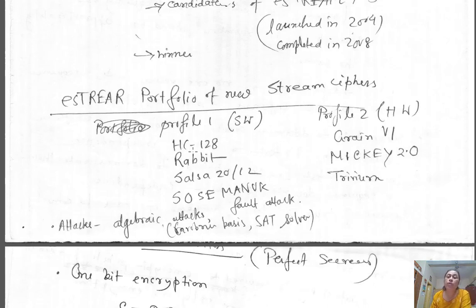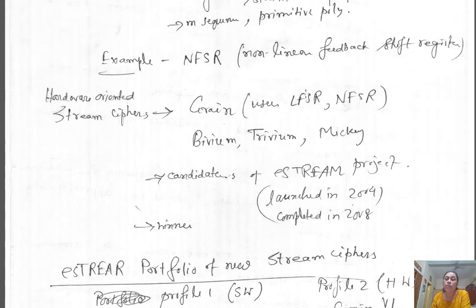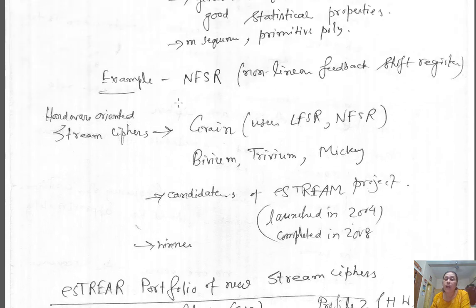If you design your own stream cipher, you have to argue how strong it is. Essentially, how good your stream cipher is depends on how efficiently you generate your pseudorandom numbers, meaning the bit stream, the key stream.